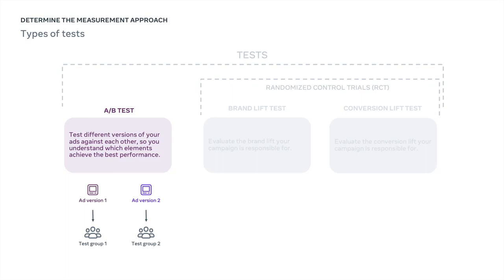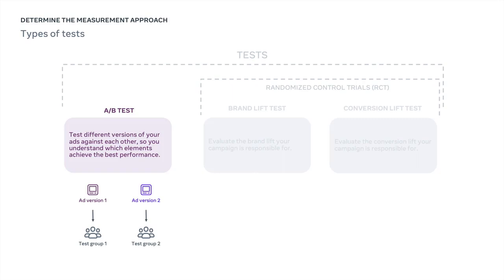A/B tests enable you to test different versions of your ads against each other, so you can determine which elements achieve the best performance based on your current attribution settings. This is ideal for businesses who just want to learn which tactics work best, so they can optimize their future campaigns. In general, an A/B test works best for day-to-day tactical optimizations.